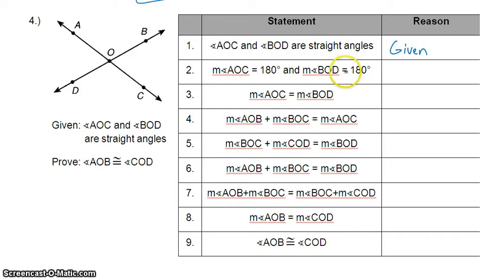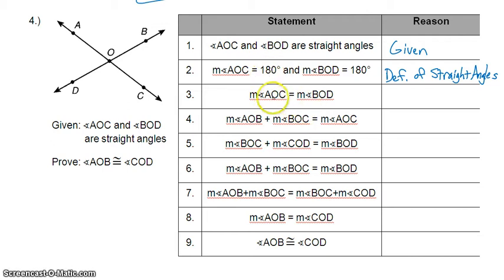Since straight angles measure 180 degrees, that's their definition. The definition of straight angles: if angles are straight, then their measure is 180 degrees.